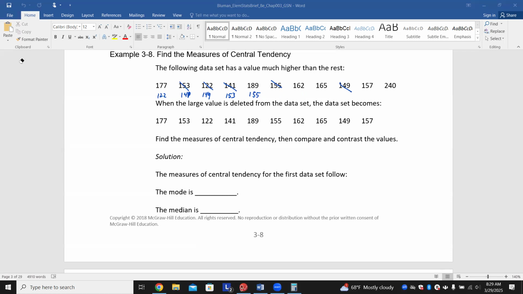I'm actually going to come back. A 157 here, followed by that 162, 165. So that's why we mark things off, so that we can see if we lost some numbers. So 177, 189, and then 240. And I'm not going to do these next six. I know this will be the exact same, just without the 240. So for the mode, I can obviously see there is no mode. No repeated numbers. The median, so there is 1, 2, 3, 4, 5, 6, 7, 8, 9, 10, 11.